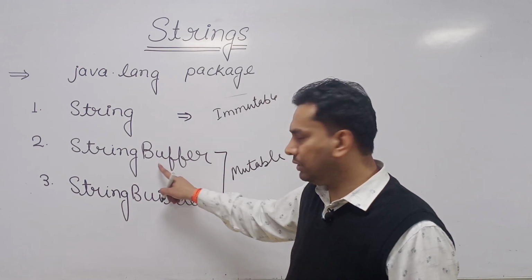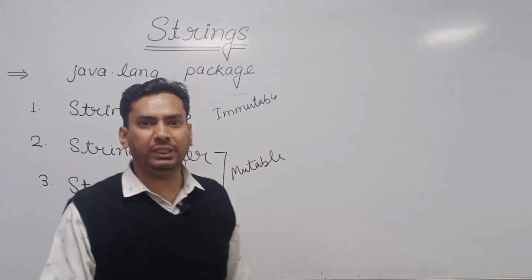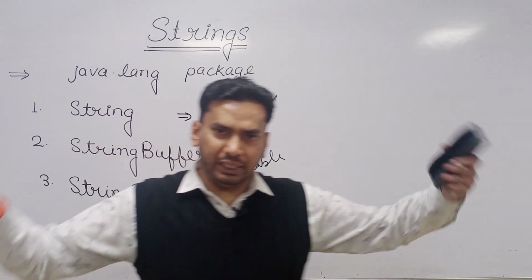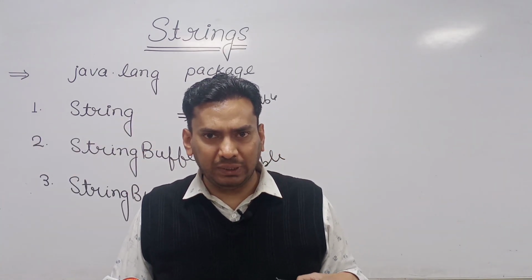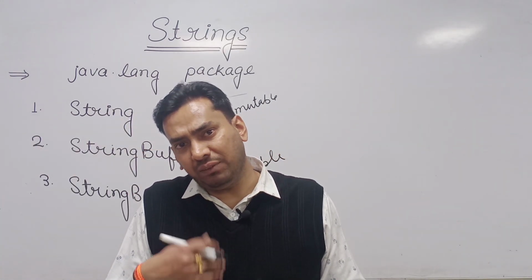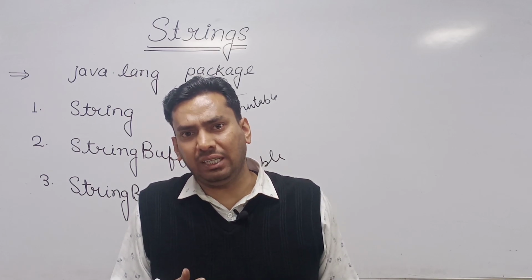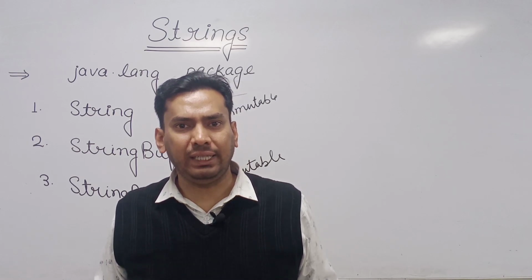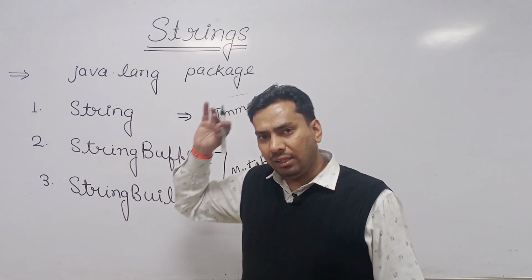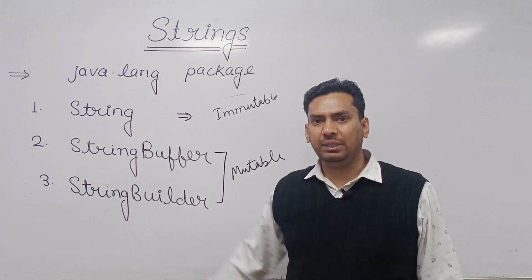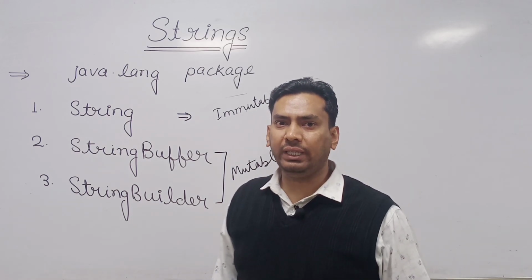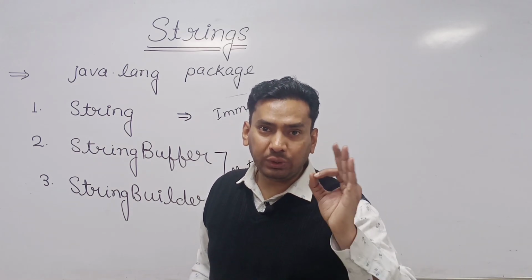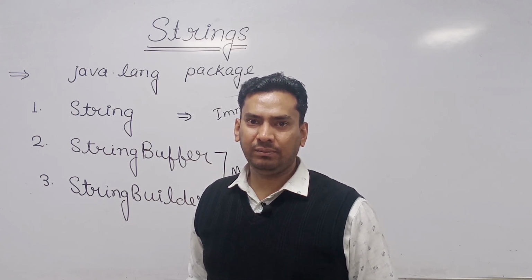It means the StringBuffer and StringBuilder objects are mutable. You create a StringBuffer or StringBuilder object and it can be modified. Within the same object, modifications are done. No new objects will be created, right? So the use of StringBuffer and StringBuilder is when you want to create some mutable strings, right?